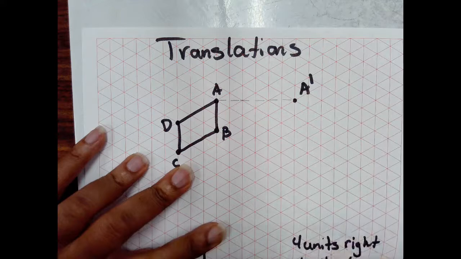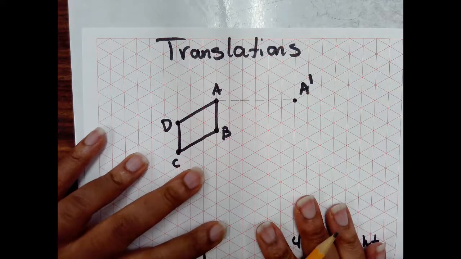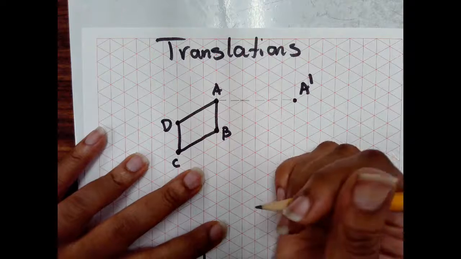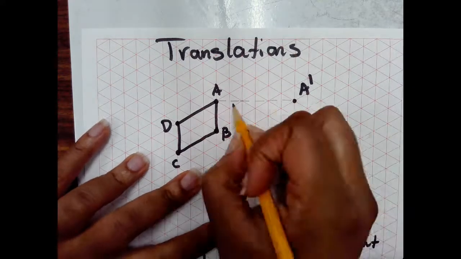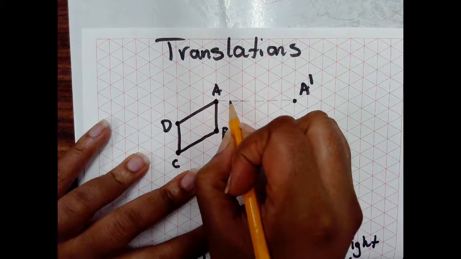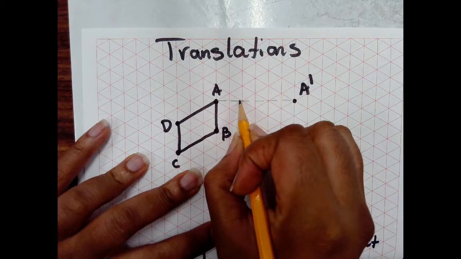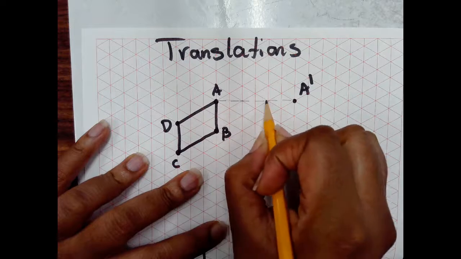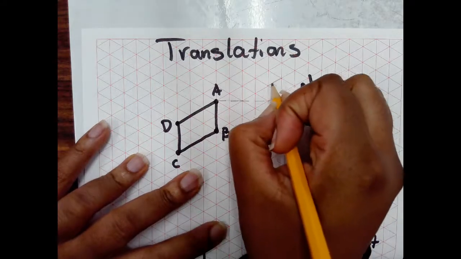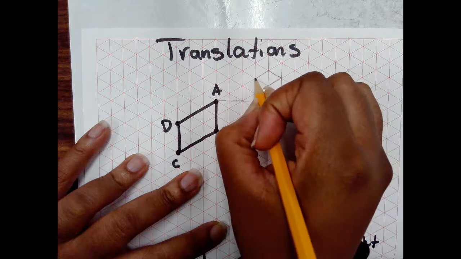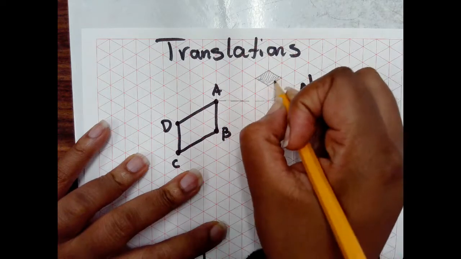Using that same concept and idea, I'm going to do the same thing with my other points. So that's 1 diagonal of a square, 2, and 3. If you look at these, these equilateral triangles do form some type of slanted square here.